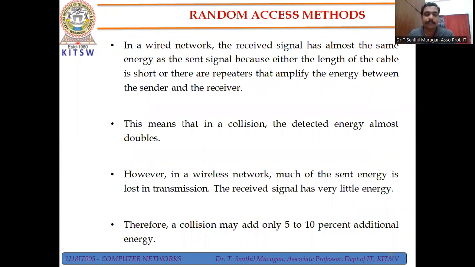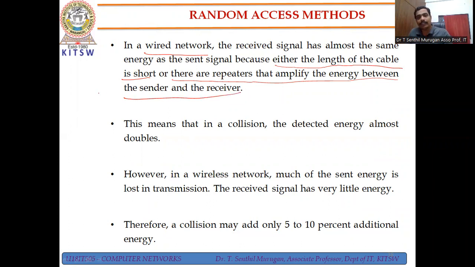How to detect collision? In case of a collision, the detected energy at most doubles. What they are saying is that in a wired network, the received signal has almost the same energy as the sent signal because either the length of the cable is short or there are repeaters that amplify the energy between the sender and receiver.